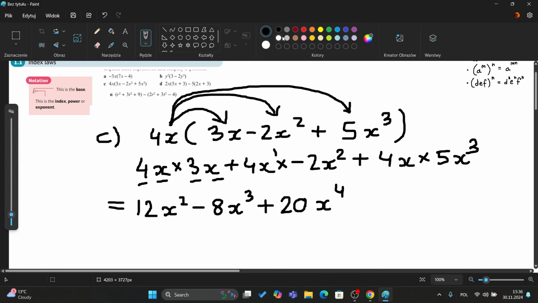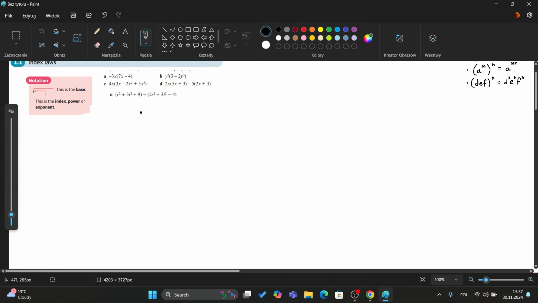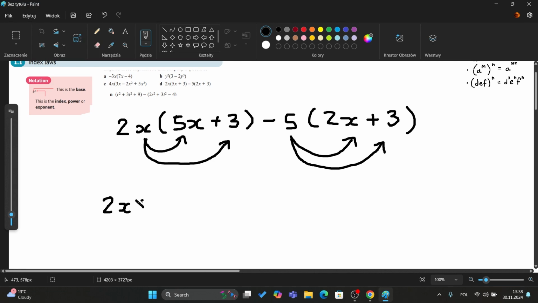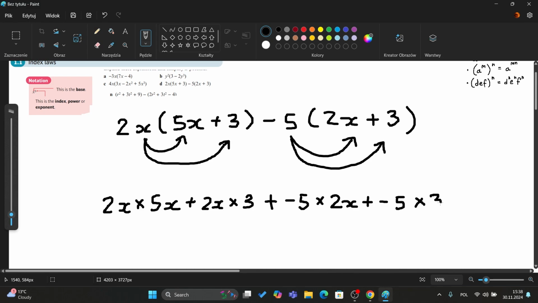Basically, sometimes you can have like terms. So what do I mean by like terms? You're going to see in a second. What happens here, we multiply each term by 2x, and here each term by minus 5. So 2x times 5x plus 2x times 3 plus minus 5 multiplied by 2x plus minus 5 multiplied by 3.